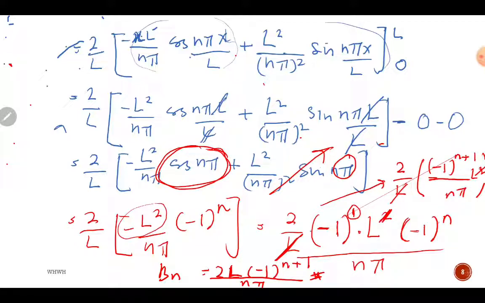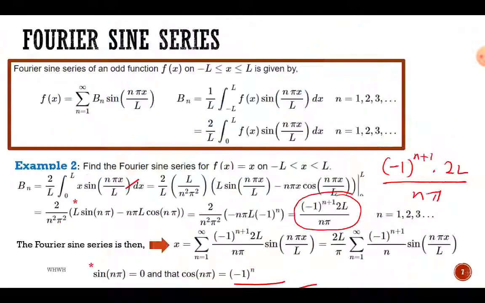Ni baru coefficient for the sine series. Okay, bila dia tanya what is sine series, then you have to write it in full, because formula dia adalah Fourier sine series adalah summation of from n equals to 1 up to infinity Bn. Yang kita cari tadi adalah Bn.